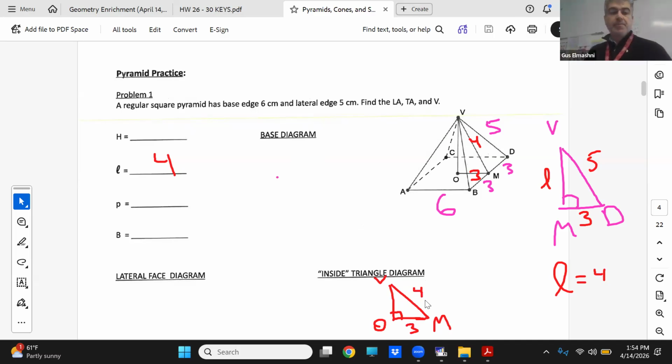How long is VO? Nope, because 4 is not the hypotenuse. Careful. I know you want to say 5 because we always see that together. But let's say it's called X. X squared plus 3 squared equals what squared? So what does X squared equal?